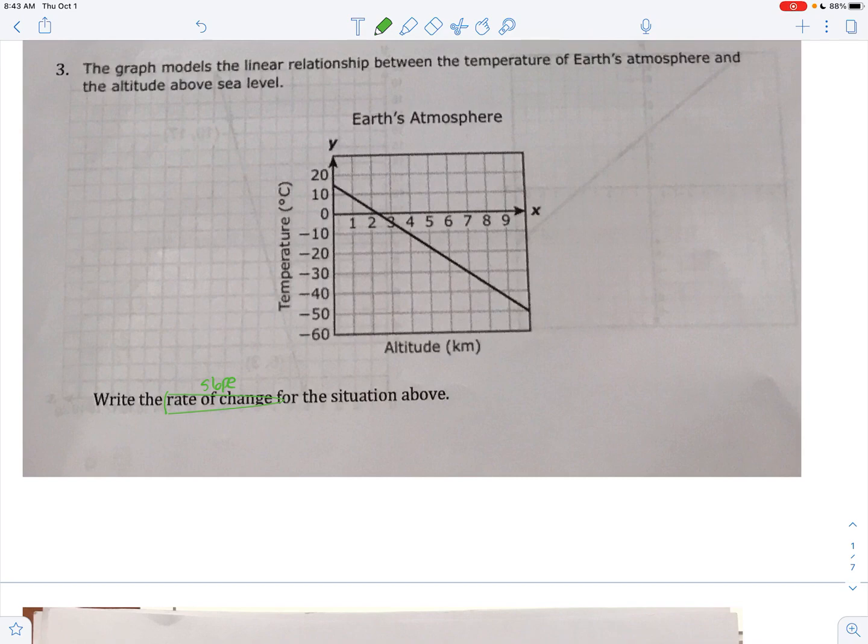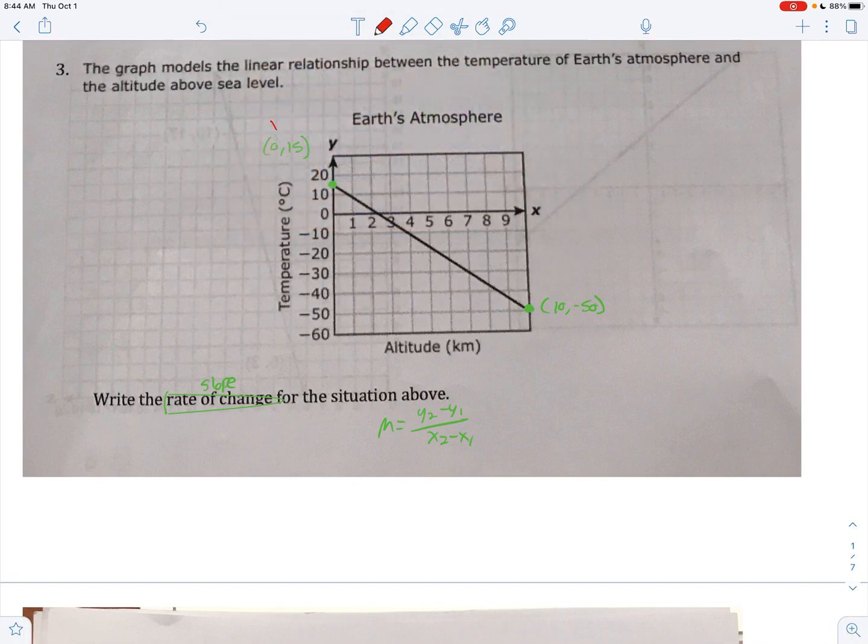So 1 point could be right here, which seems to be (10, -50). All right, and the other point could be maybe this point. We're going to say this point is (0, 15) because it's right there in the middle. So then we need to determine the rate of change, which is rise over run, or y2 minus y1 over x2 minus x1.